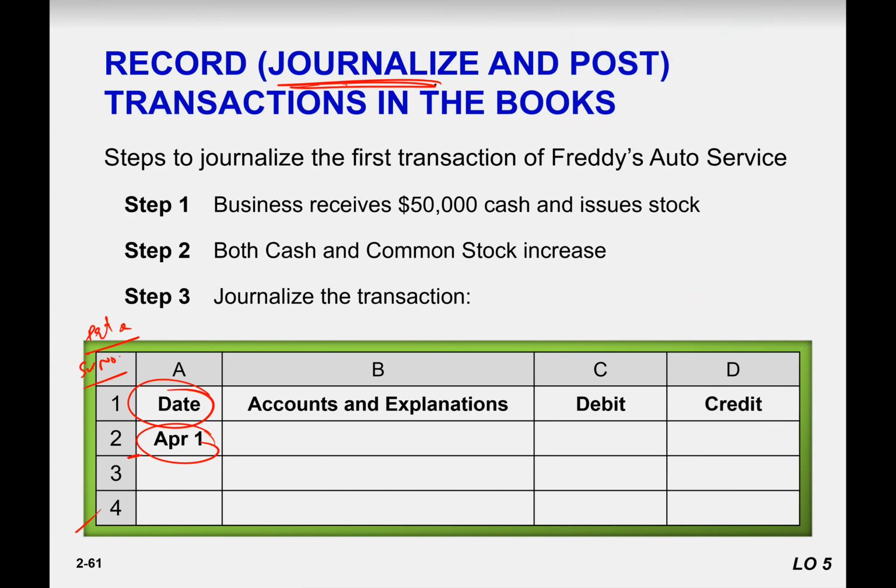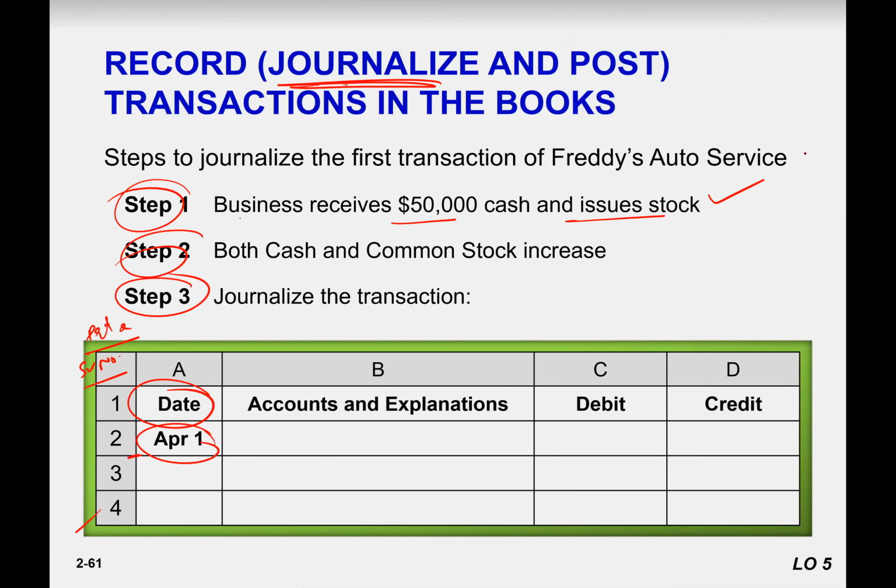So now let's apply all these 3 steps to a transaction. Number one, the business receives 50,000 cash and issues stock. So this is the transaction. Number one, specify the account, which account it is going to hit.